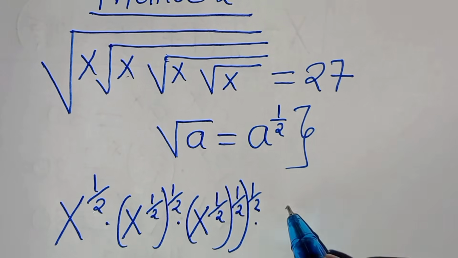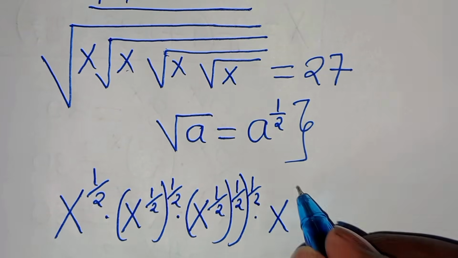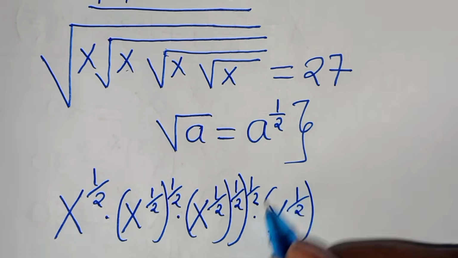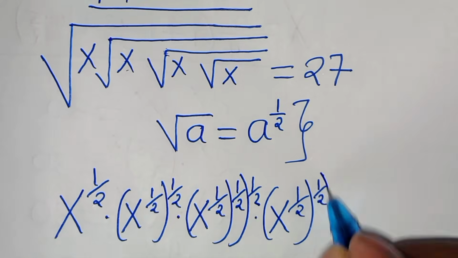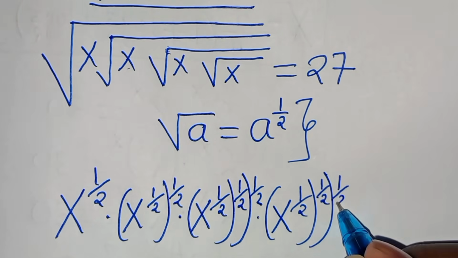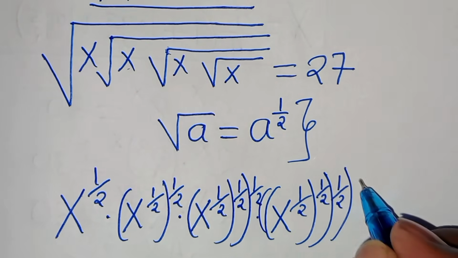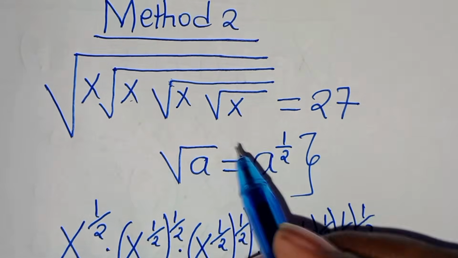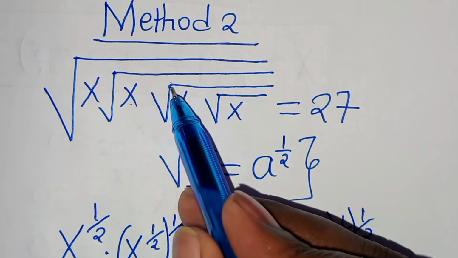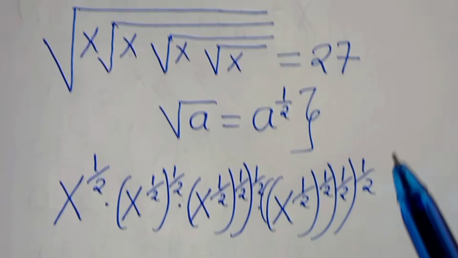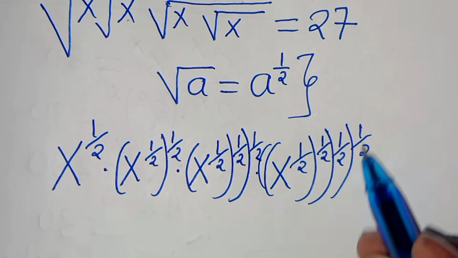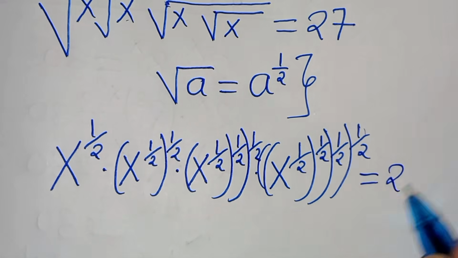Then times x raised to the power of a half, then raised to the power of a half, then raised to the power of a half, and lastly raised to the power of a half. This x here is under 4 square root signs, so that is why we have a half, a half, a half, and a half, and this is equal to 27.